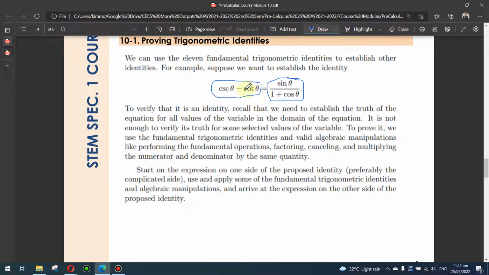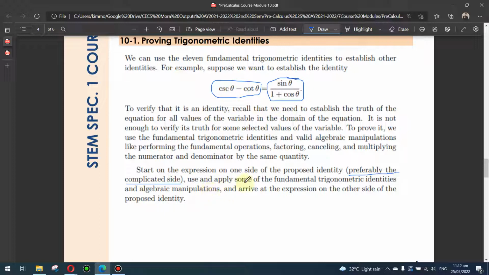So mag-start lang ta tag isa ka side, dili pwede nga kani i-manipulate nato then kani i-manipulate pod nato, isa lang ka side. So ang i-prefer nato og manipulate is katong complicated nga side.